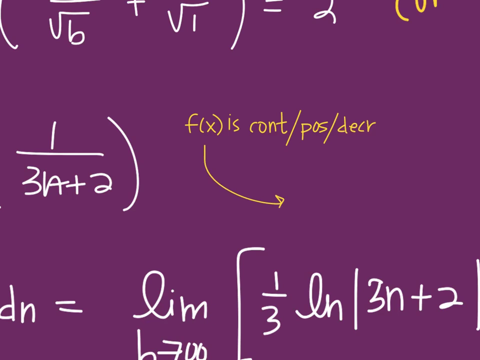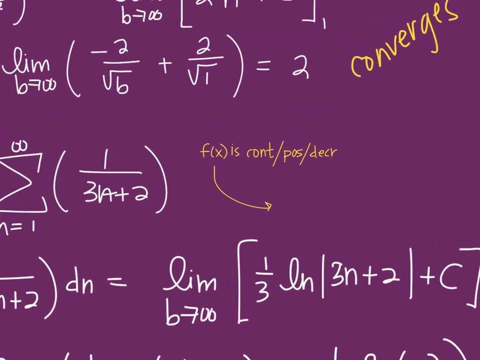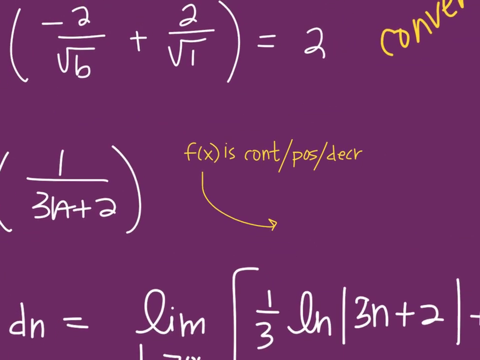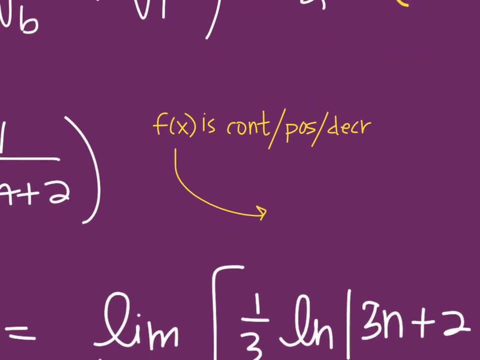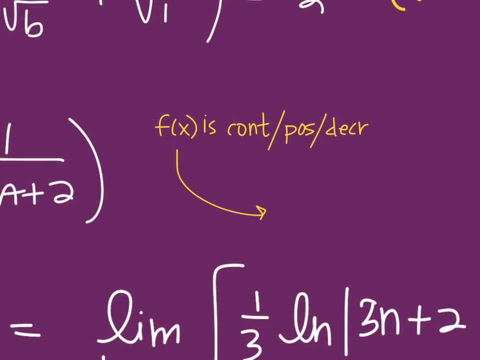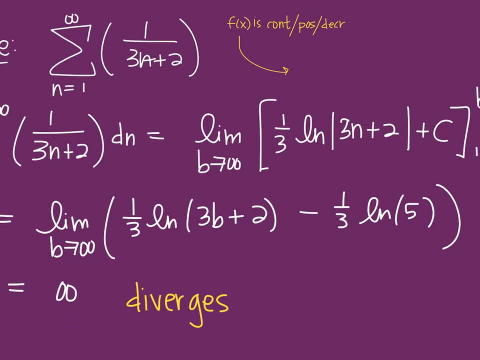It goes down like that. That branch of a hyperbola. Okay, it is continuous, it is positive, but the values of the terms are going down. Yep. So, since f of x is continuous, positive, and decreasing, the integral test can be applied. And then you proceed to do the integral test.